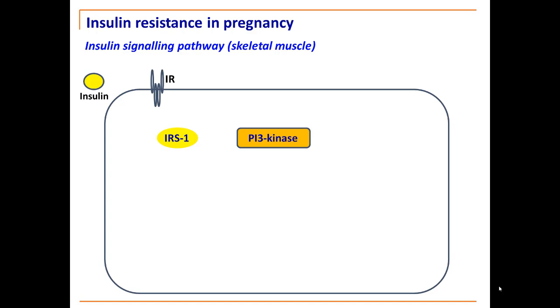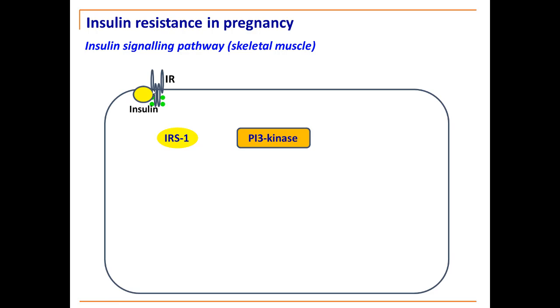So this is your insulin signaling pathway, and it's important to understand it to understand some of the mechanisms in gestational diabetes. Insulin, the little yellow splodge in the left-hand corner, binds to the insulin receptor, that's your IR. That causes the insulin receptor to become phosphorylated.